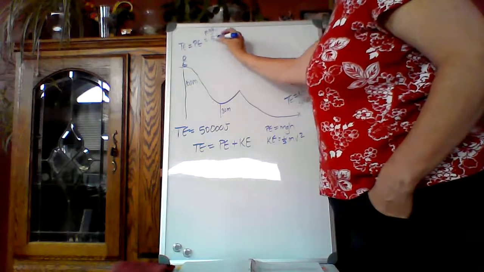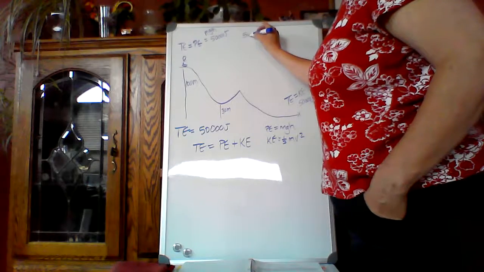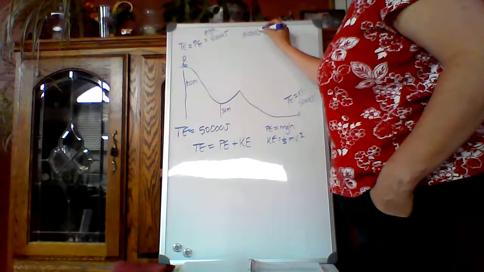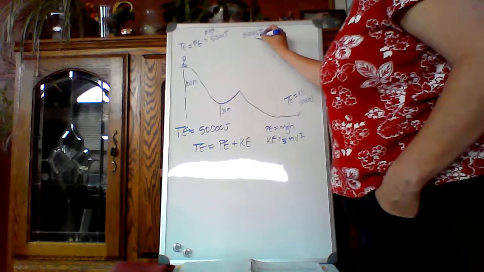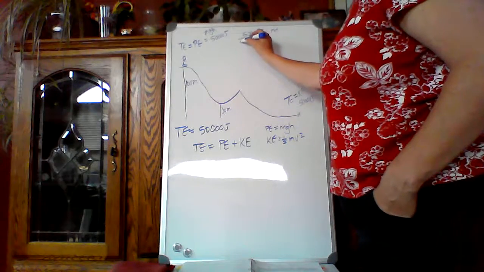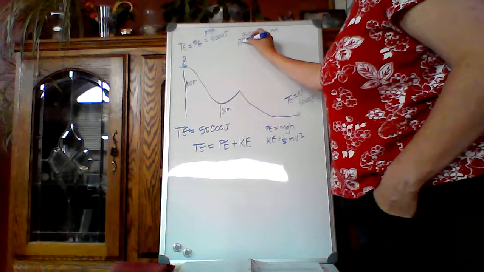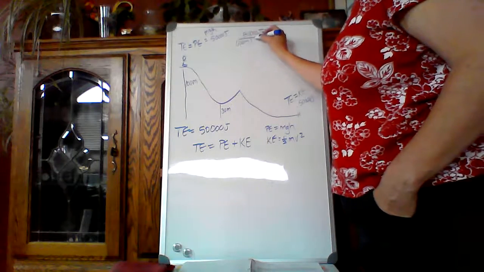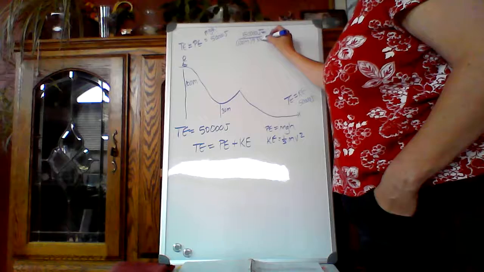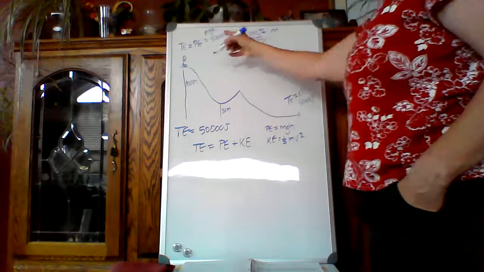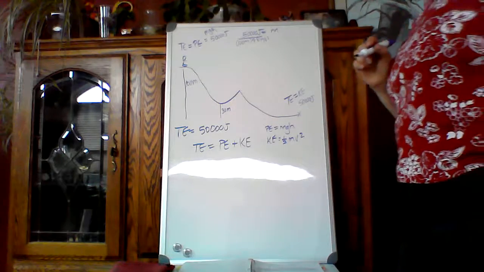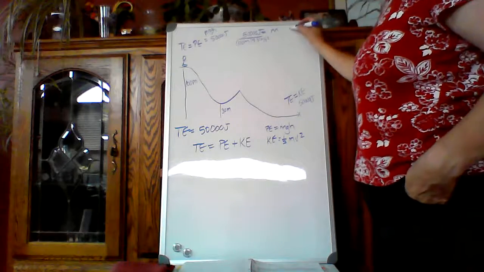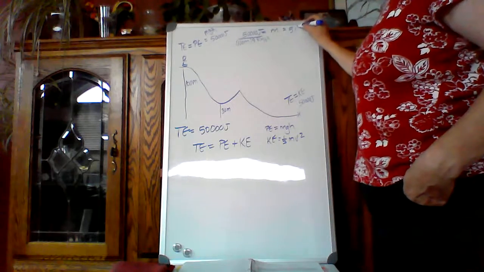So if this is potential energy, I can say that 50,000 joules, I want to determine the mass of my skier. So I'm going to rearrange this. I'm going to divide it by the height, which is 100 meters, times 9.81 meters per second squared, the acceleration of gravity. So I can determine that the mass of this skier is about 51 kilograms.